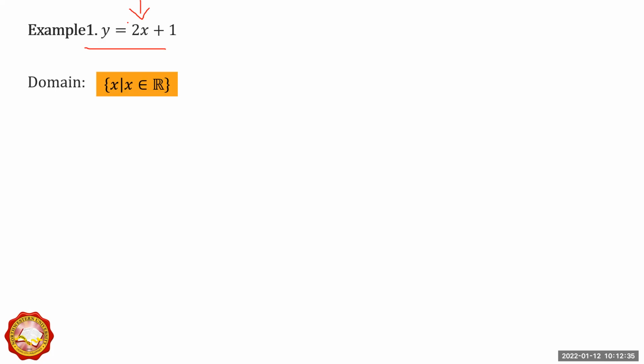Okay? Excuse me. Now, ang isipin nyo is, in getting domains, ang restrictions lang natin is if you have a fraction or if you have a radical number. Okay? Those are the things that you just need.